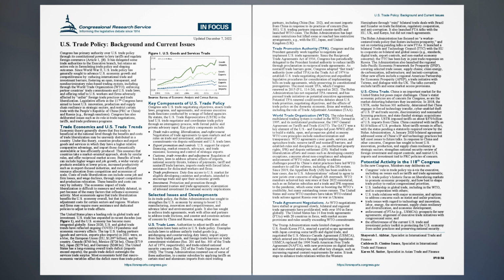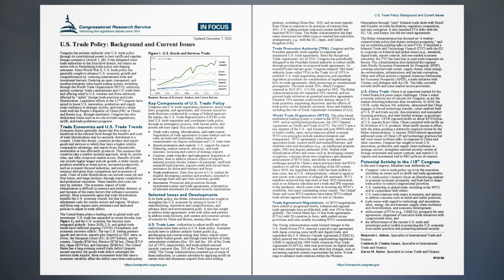The United States plays a leading role in global trade and investment. U.S. trade has expanded in recent decades, see Figure 1, and the U.S. economy has become more integrated globally. Since 2020, U.S. and global trade trends have reflected ongoing COVID-19 pandemic and economic recovery effects.